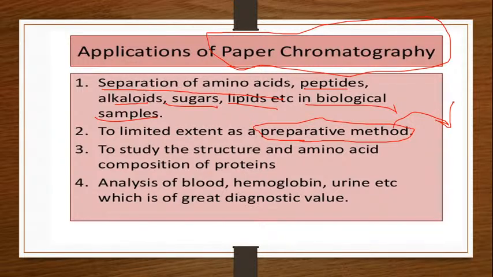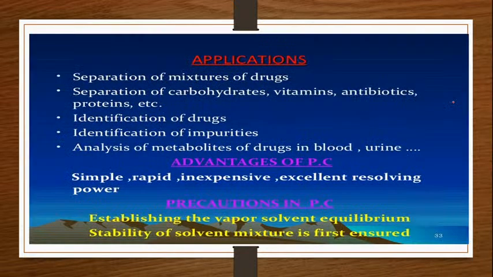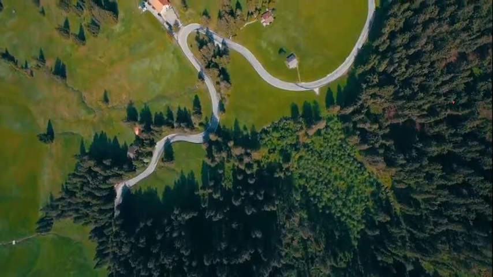And apart from this, analysis of blood, hemoglobin, and urine, which is of great diagnostic value, which we have already covered in many detection techniques, where you need to carry out the separation of blood, hemoglobin, and urine components for diagnostic purposes, can be easily done using paper chromatography. Okay, so these are the applications.